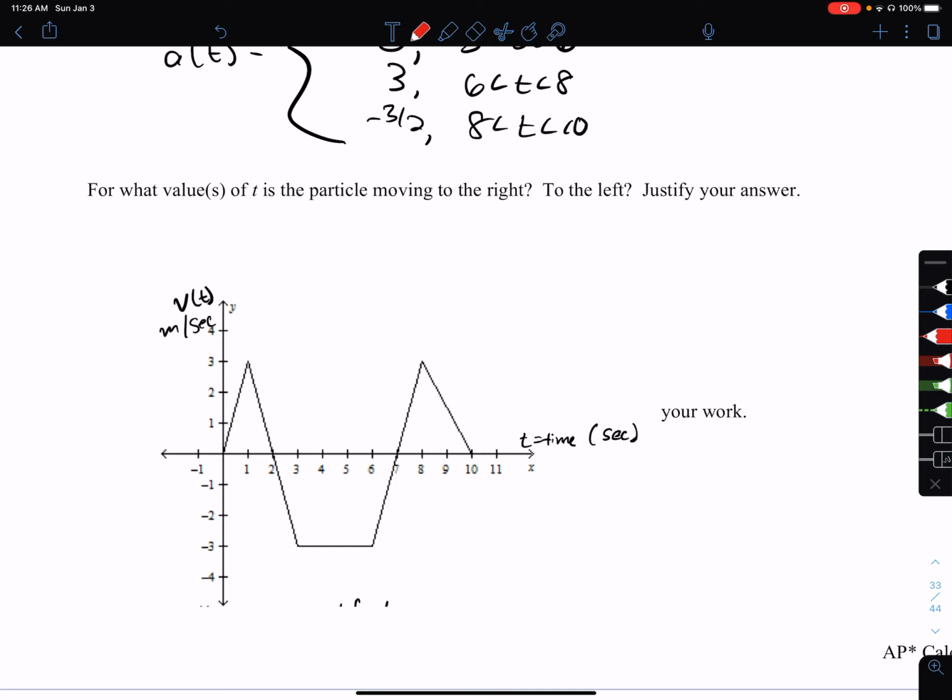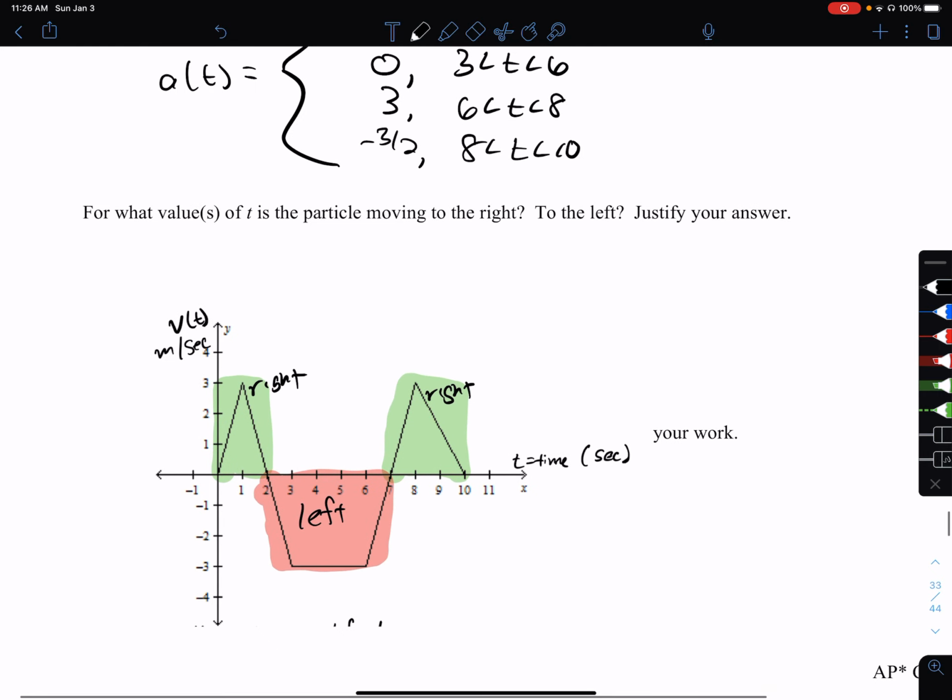The velocity is positive all through here, and all through here. In these locations, the graph is going to the right. It's going left when the velocity is negative, and it's negative down here. In this location, we are going left.